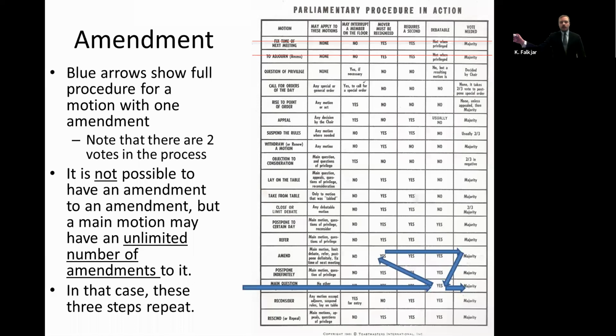Then the amendment is voted. Once this amendment is voted, it goes back to the main motion. It can then have further debate after an amendment has been passed. A second amendment can be proposed, at which point we would go through the triangular arrows a second time.